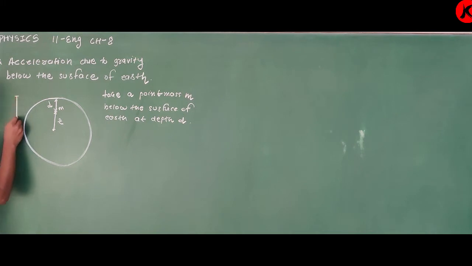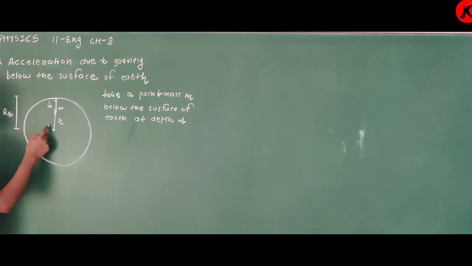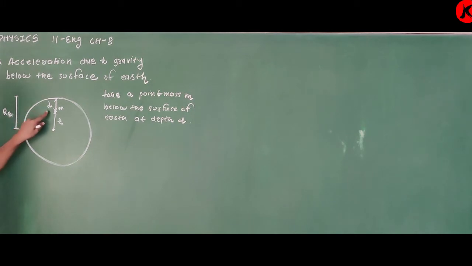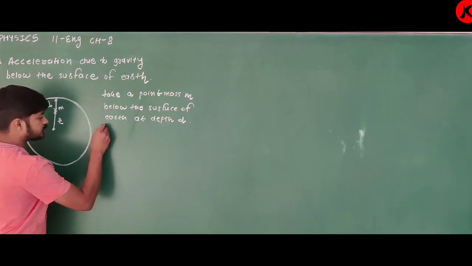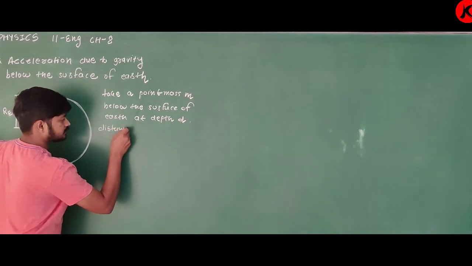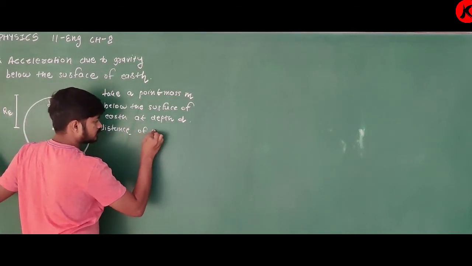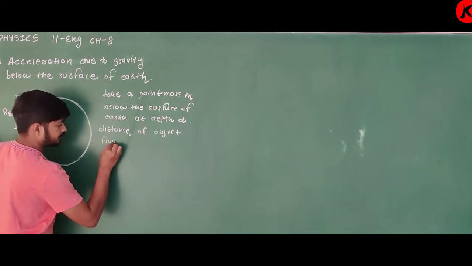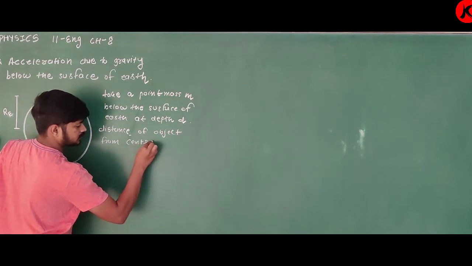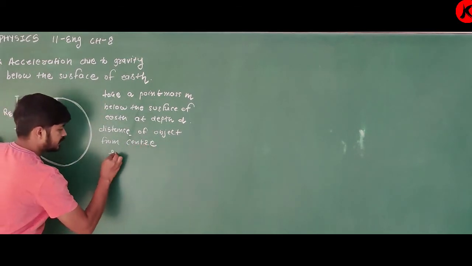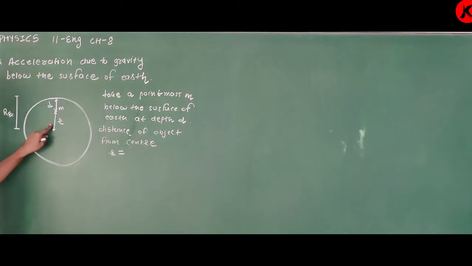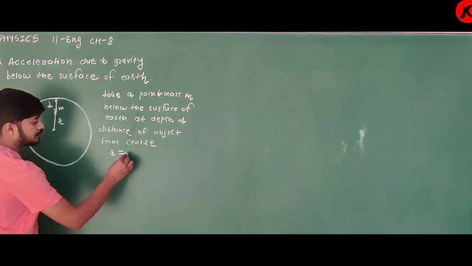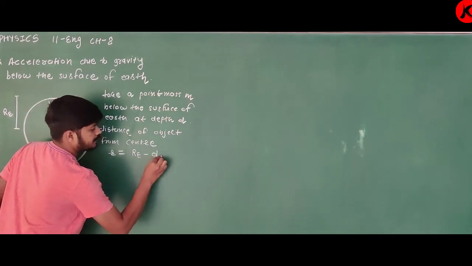We know that the radius of Earth is RE. So understand the relation between them: RE is equal to d plus r. So r, the distance of the object from center, is obviously RE minus d.